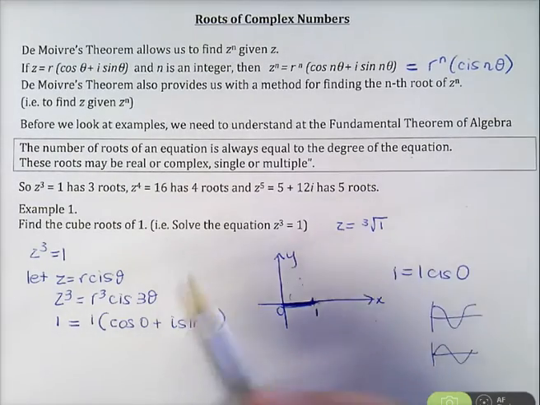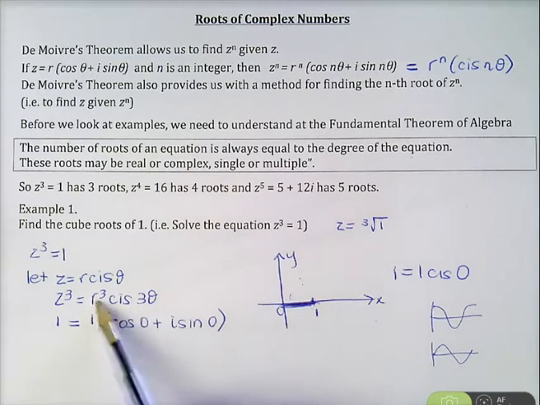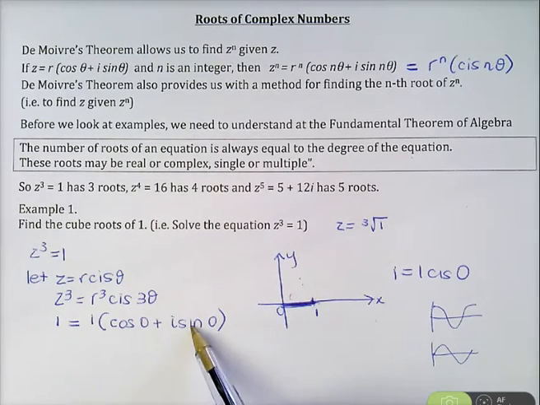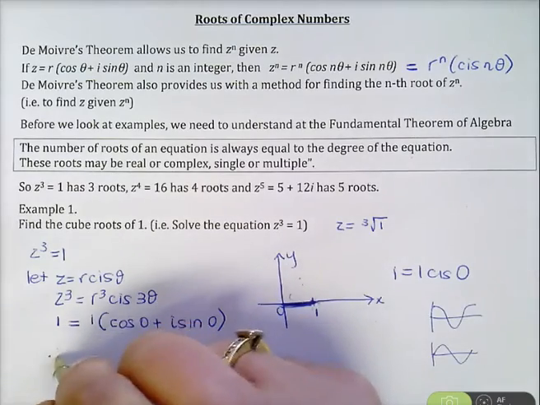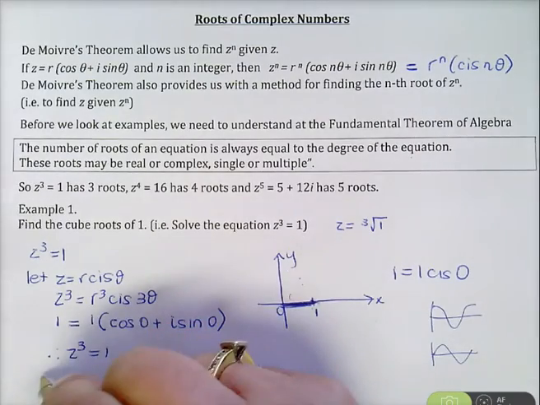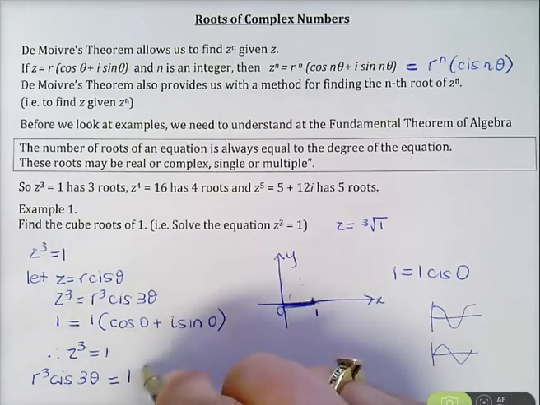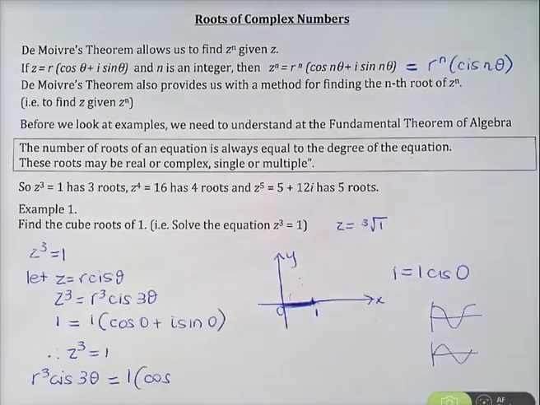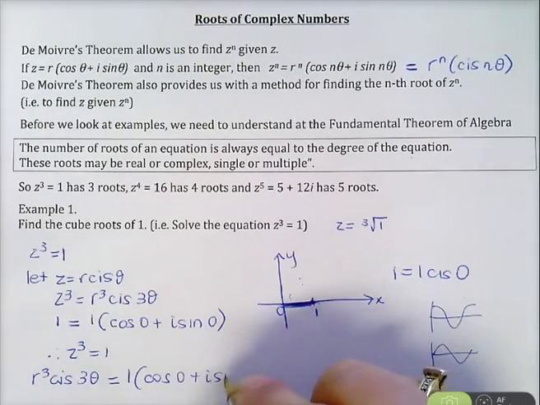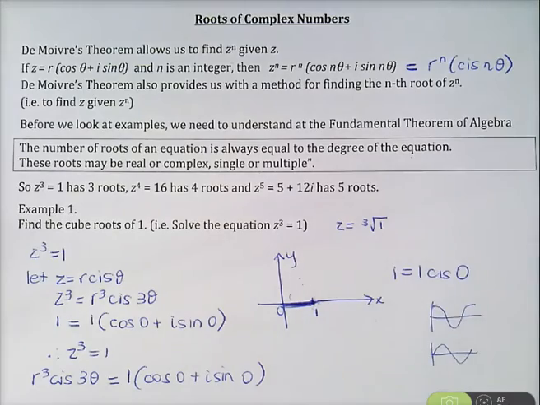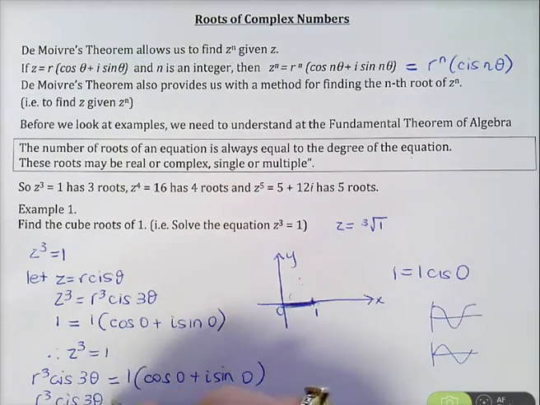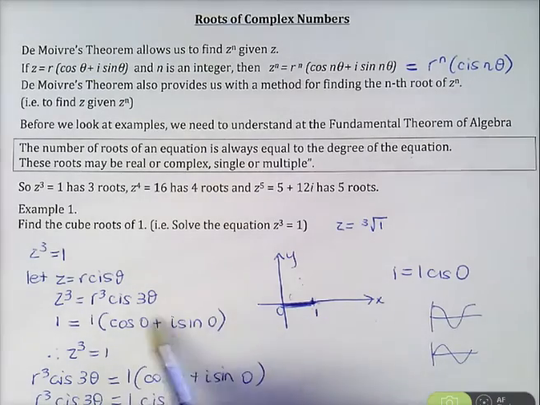Now, because this is now in modulus argument form, and so is that, we can equate left-hand side with right-hand side. So therefore, as we know z cubed equals 1, I can say that r cubed cis 3 theta equals 1 cos 0 plus i sine 0, or I can just say r cubed cis 3 theta is 1 cis 0, rather than writing it out this way.